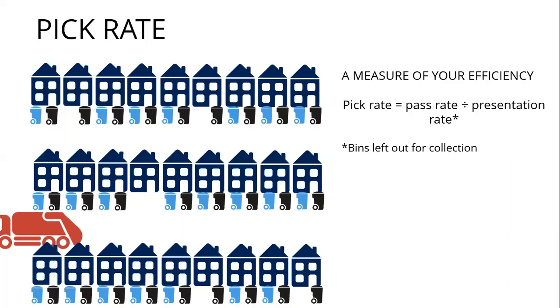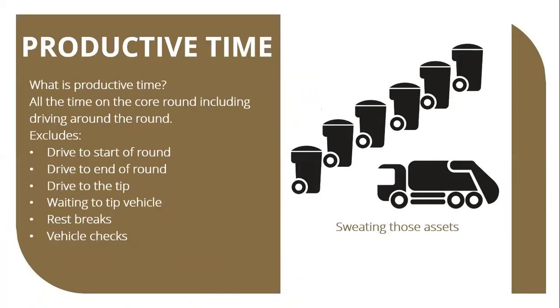With residual bins, you'd expect close to 100%, but with recycling, and once again deprivation comes into this, you'd expect a lower presentation rate. So with the pick rate and the productive time, this is stuff you can really use to think about the efficiency of the collection crews and how much is being collected.